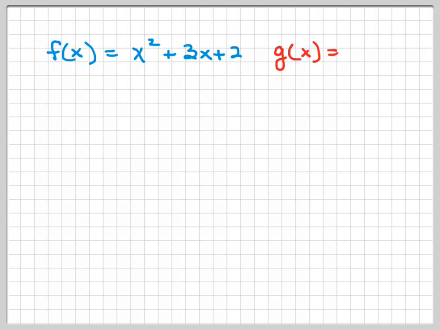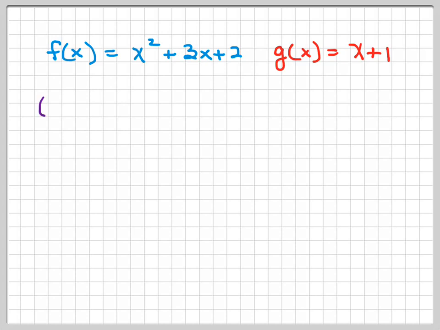So I'll write a couple of functions here. Let's call one of them f of x, and we'll make it x squared plus 3x plus 2. And I'll have function g of x, and let it be x plus 1. Let's go through how you could then use these operations to write what they're equivalent to.